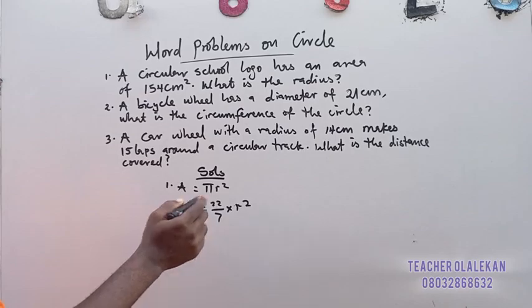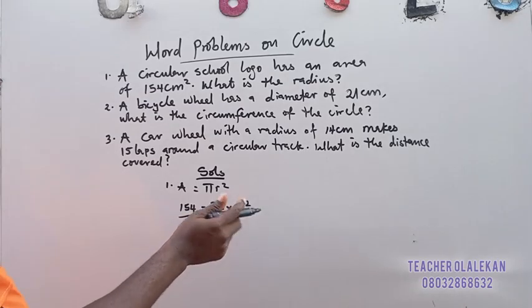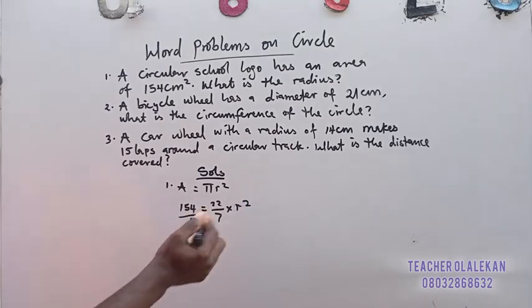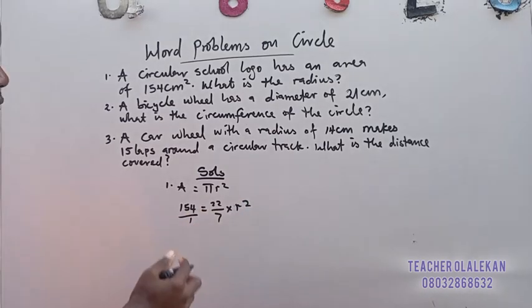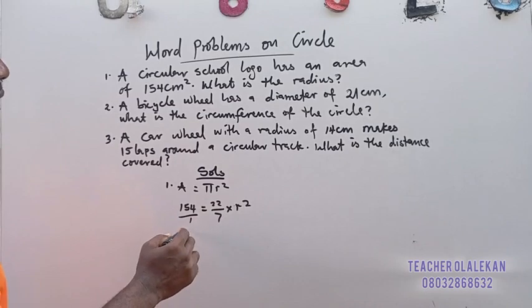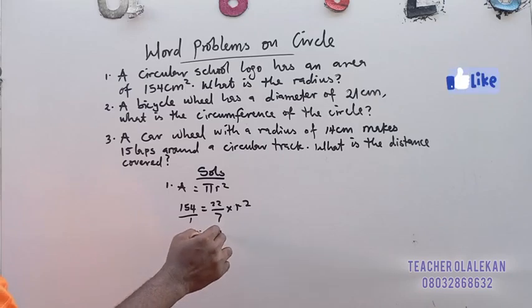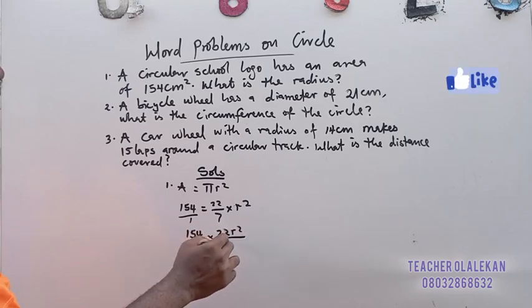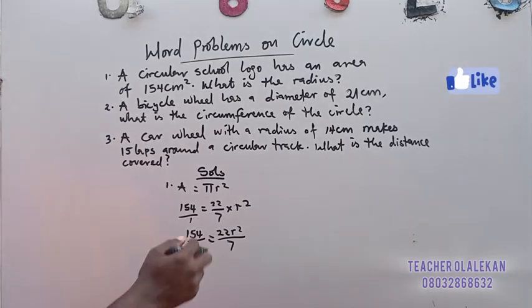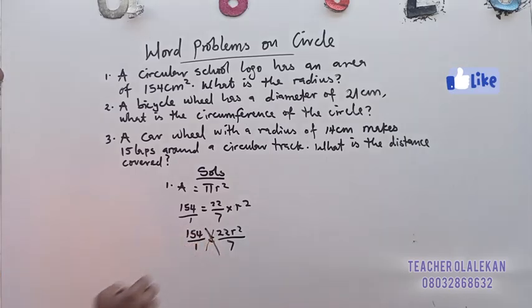So this will be over 1, and we multiply this and this, that becomes 22 radius square. So that will be 154/1 times 22 radius square over 7. At this point we cross multiply.